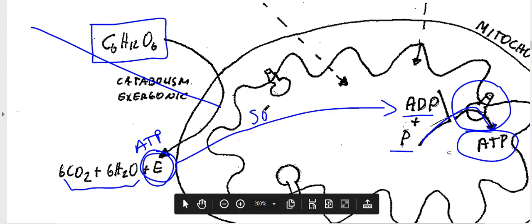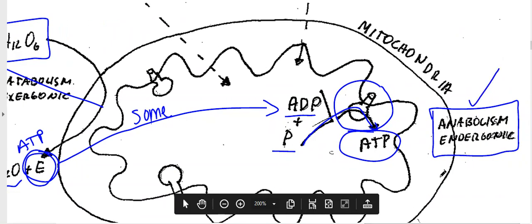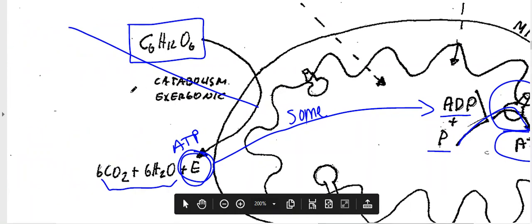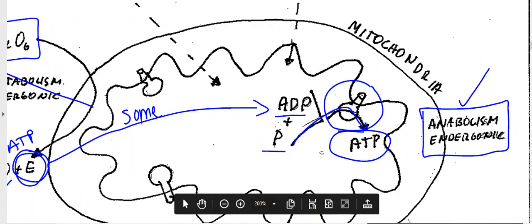So I'll say some of that energy is used for this ATP synthase over here, right? So every time you need to build something, you've got to break something. So here's your accompanying catabolism exergonic reaction that fuels your constructive anabolic endergonic reaction over here.